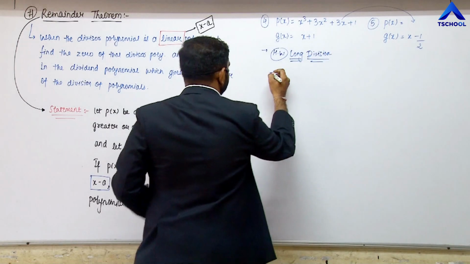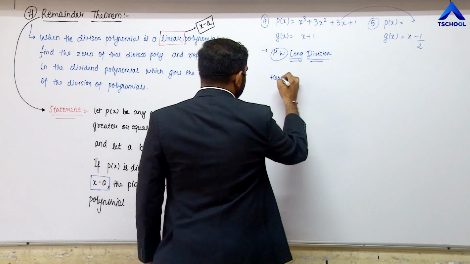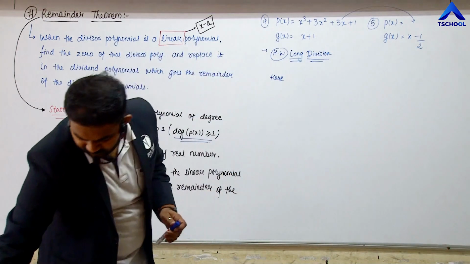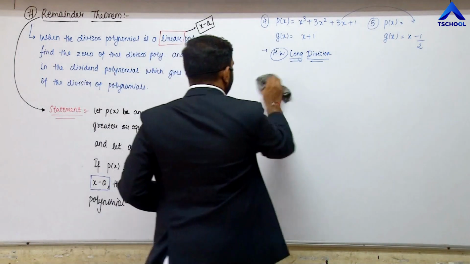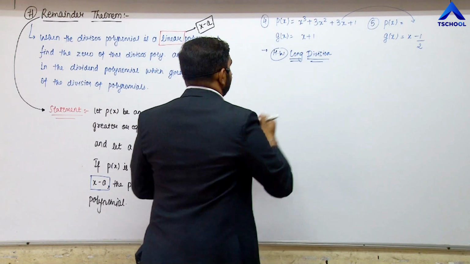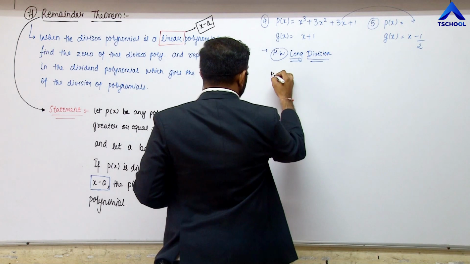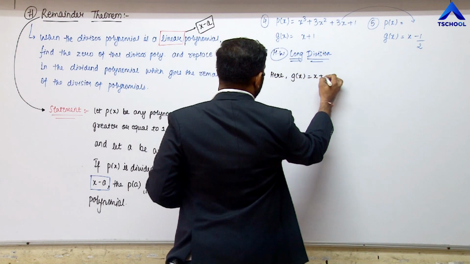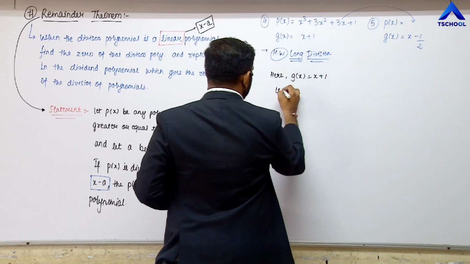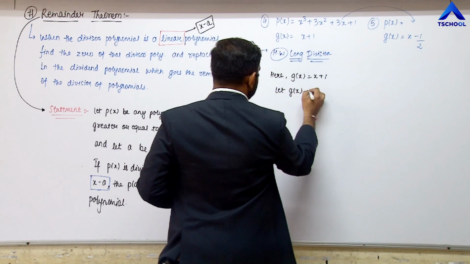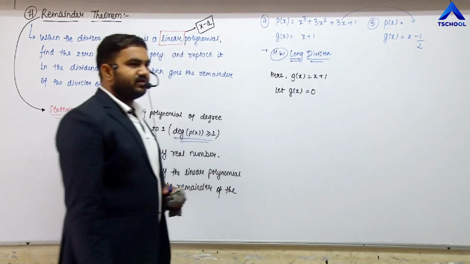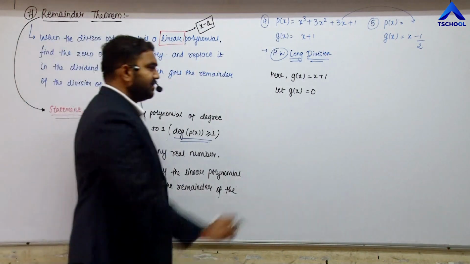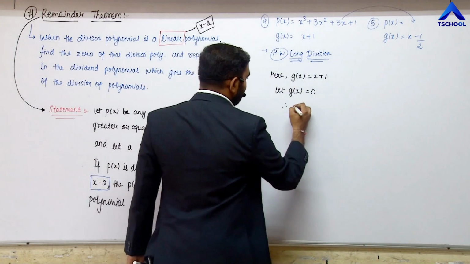So here, sorry, let me change the pen. Here the solution goes like this: let g of x equal x plus 1, letting g of x equal 0. So if I take this g of x equal to 0, then at that time what can I say?